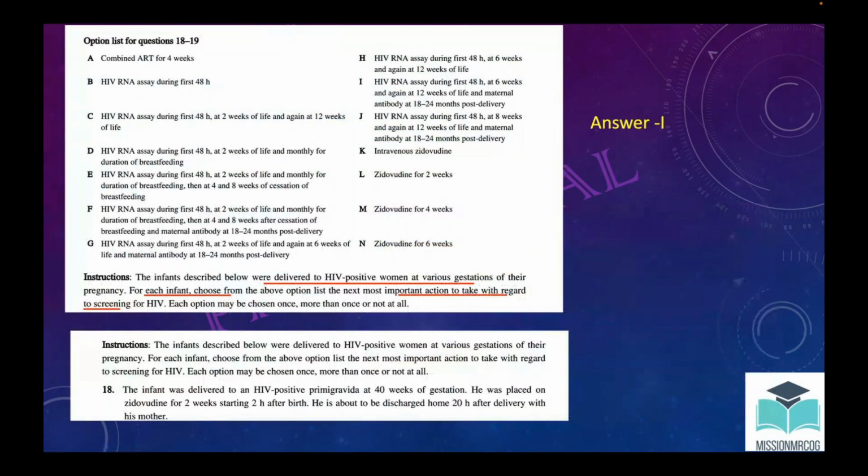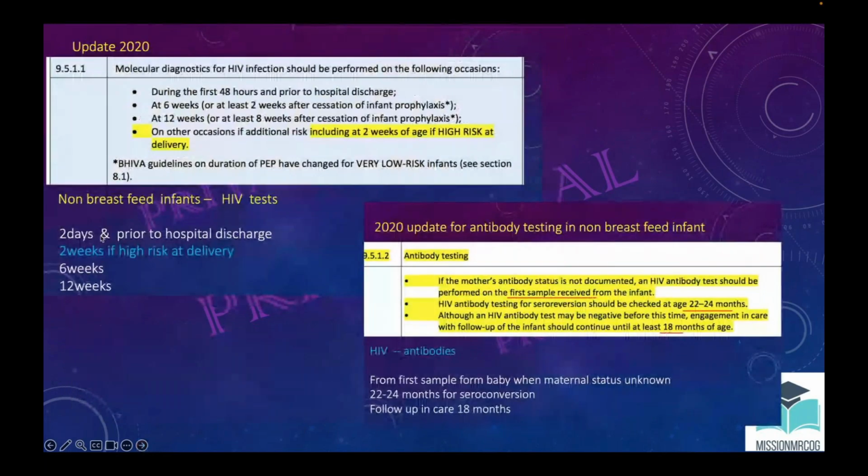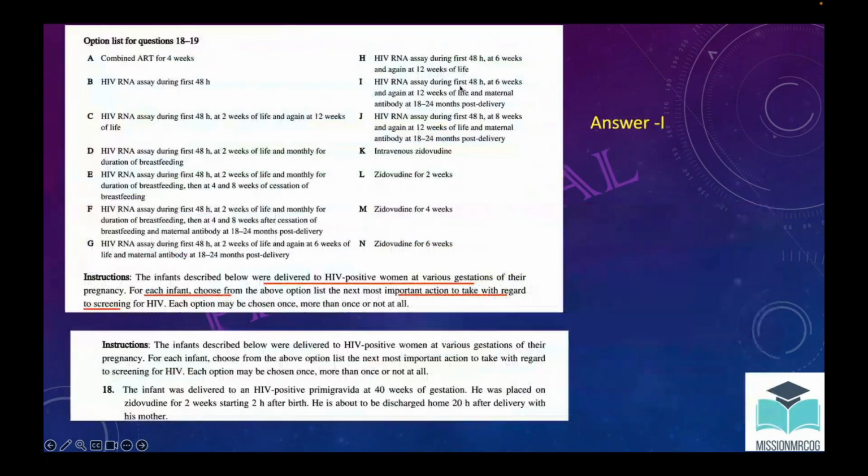So non-breastfeeding will be for 2 days, 6 weeks, 12 weeks, and 24 months for antibodies. Same, 2 weeks also should come in high risk cases. 6 weeks, 12 weeks, and 18 to 24 months post delivery for antibodies.